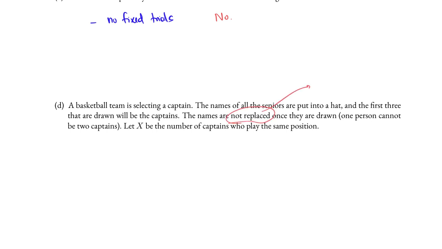And since this is done without replacement, we know that the trials are not independent. And since the trials are not independent, we simply say that no, this is not a binomial experiment.